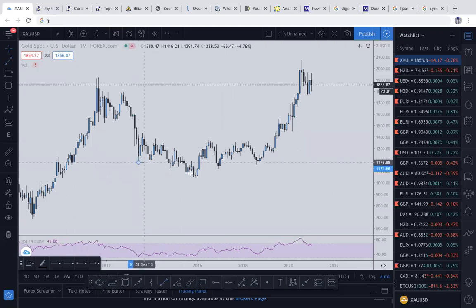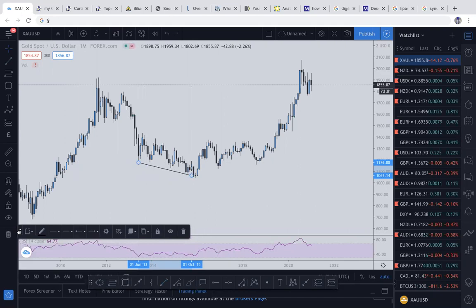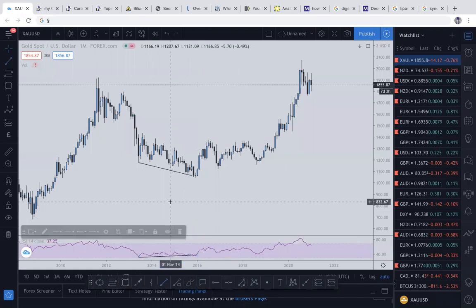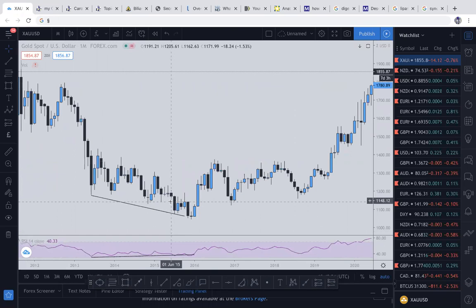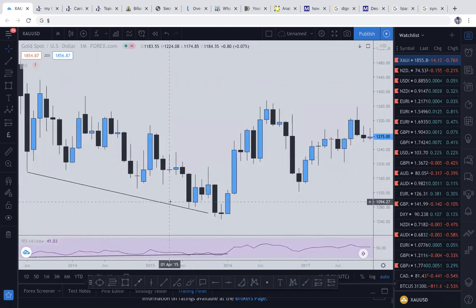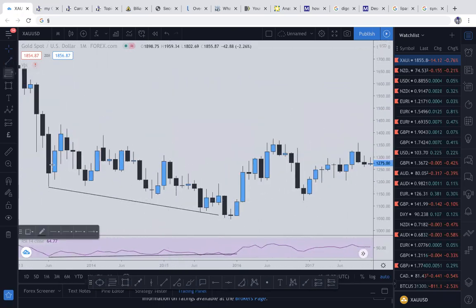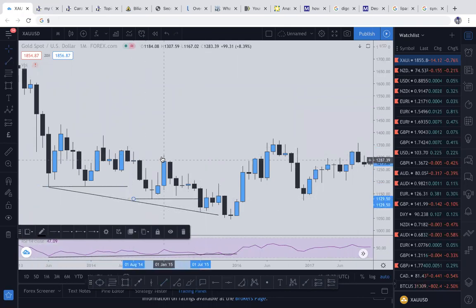So on gold, look at this. Liquidity taken here. No break of structure. Liquidity taken here. No break of structure.